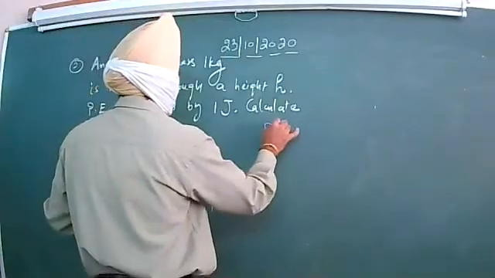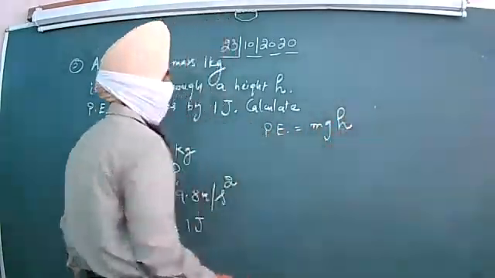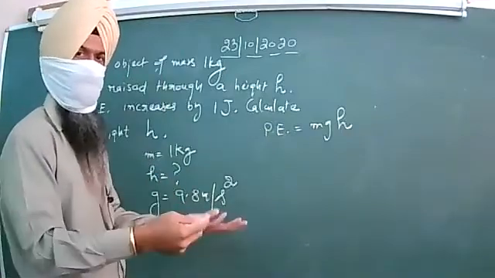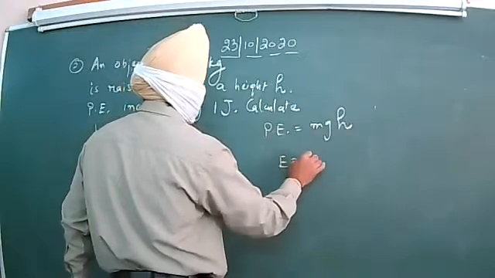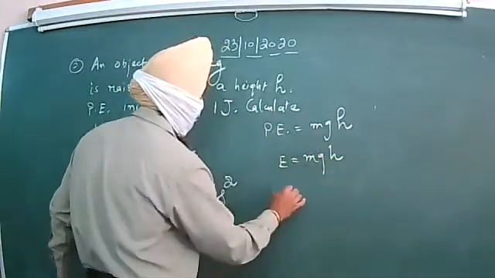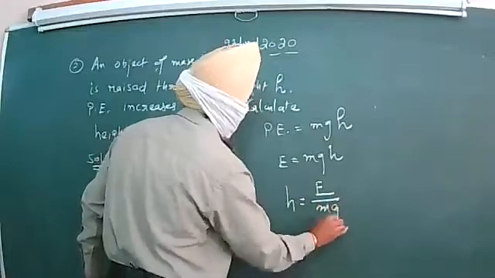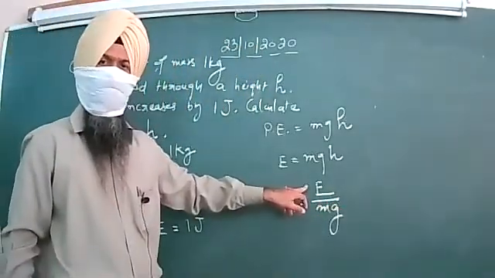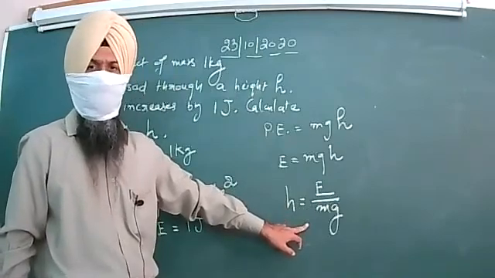Potential energy, we have E equal to mgh, and h is equal to E upon m into g. Never put the values initially.